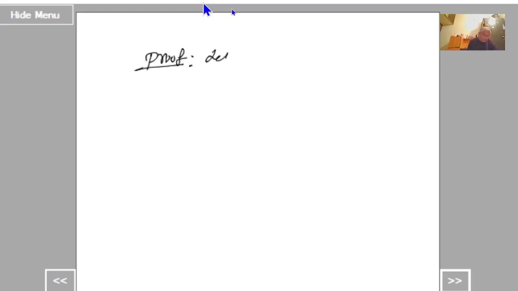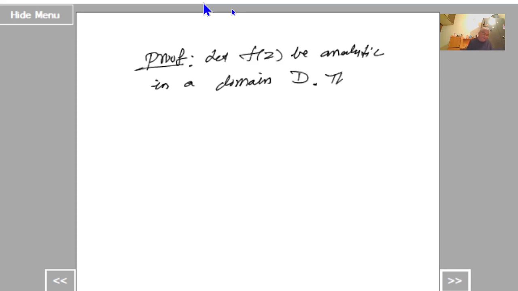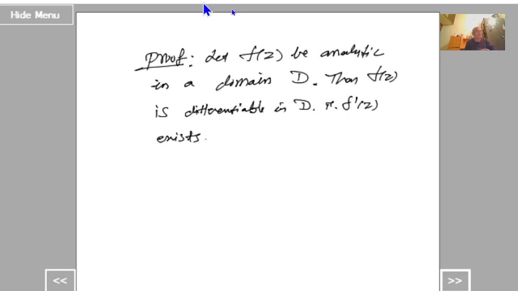Let f of z be analytic in a domain D. Then f of z is differentiable in D, because it is analytic, it is differentiable. So that is f dash of z exists.